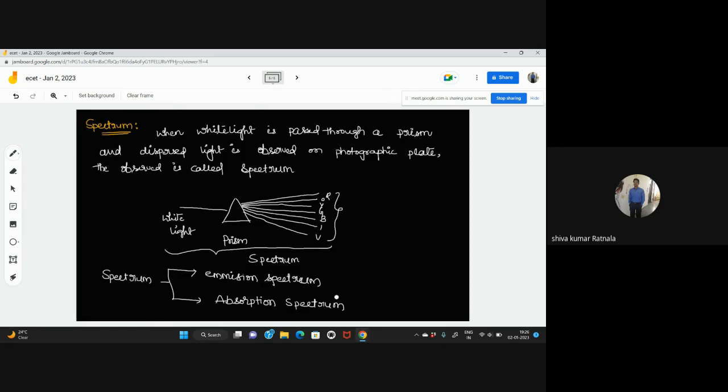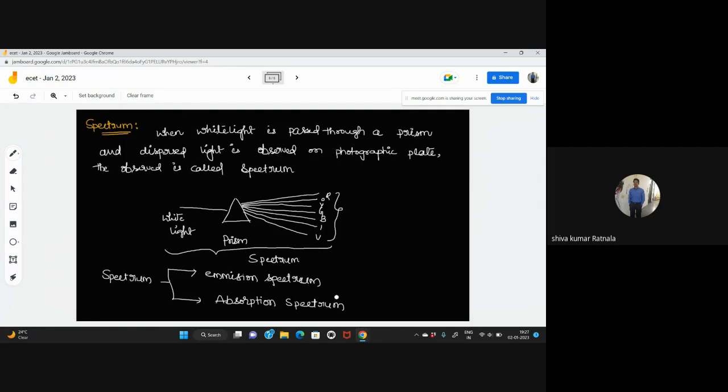What is an emission spectrum? What is an absorption spectrum? We are going to discuss that now. As we know, if an electron jumps from a higher level to a lower level, emission of energy takes place. Remember, we studied this in Bohr's theory.